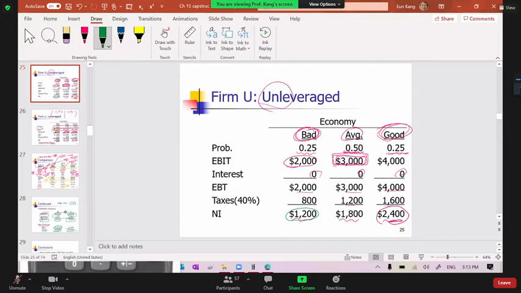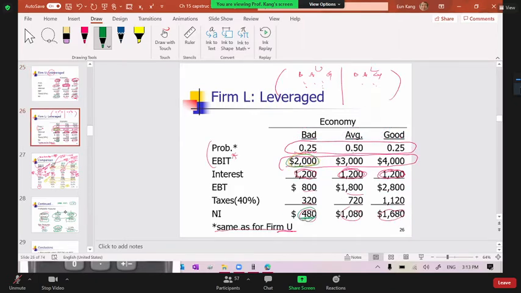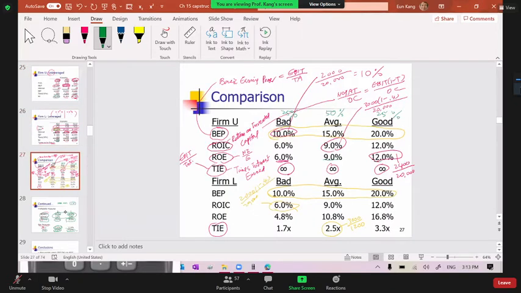This is not fair compared to this one, right? You have to calculate just expected return. Then what? This one is not enough. Look at this. The ROE, Firm U, 6%. But look at this.